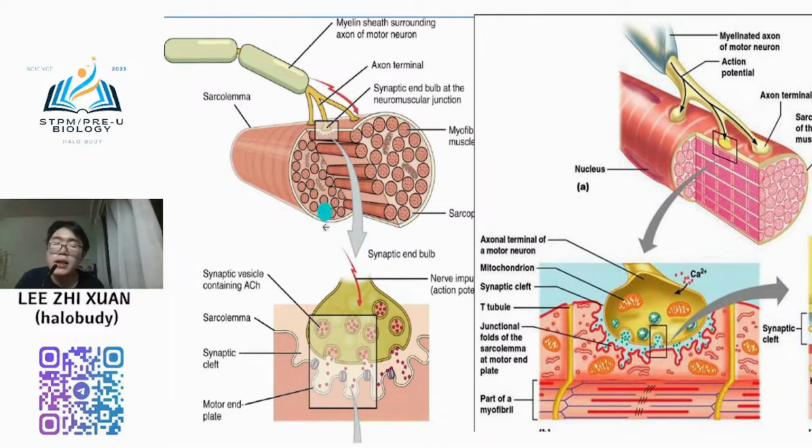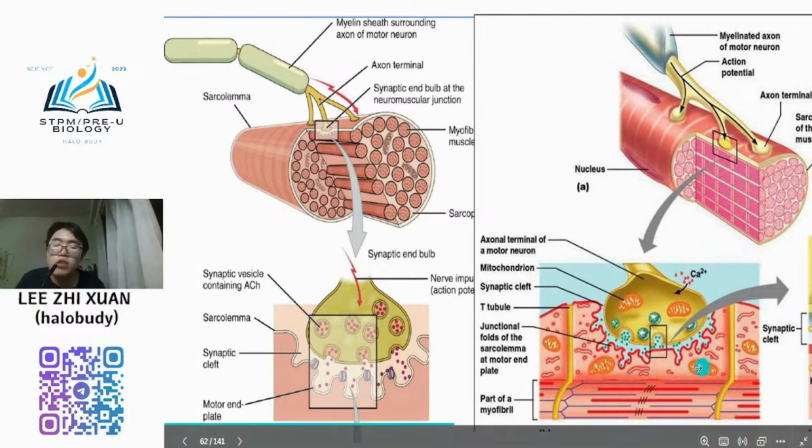The presynaptic knob is similar to what you see in synapse. The synaptic knob contains synaptic vesicles with neurotransmitter, and also mitochondria. Just the lower part structure is different.